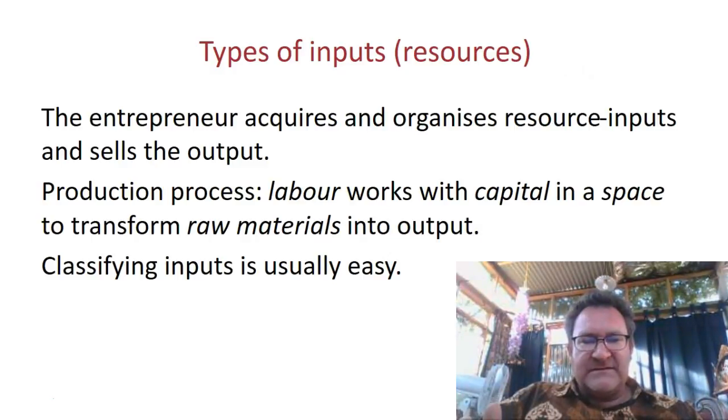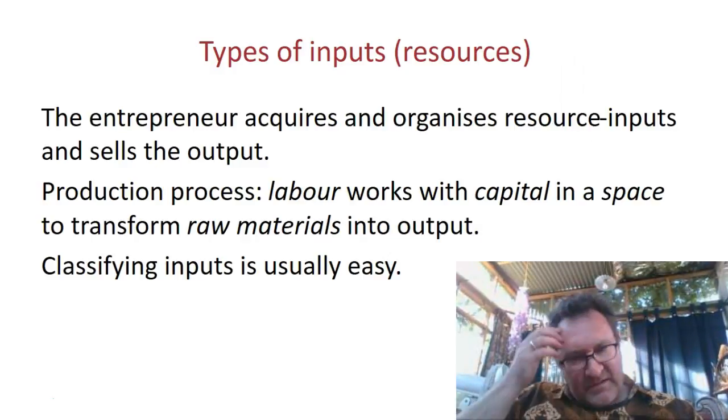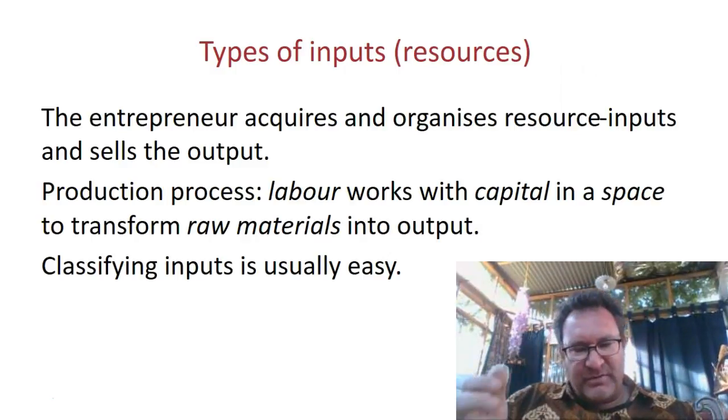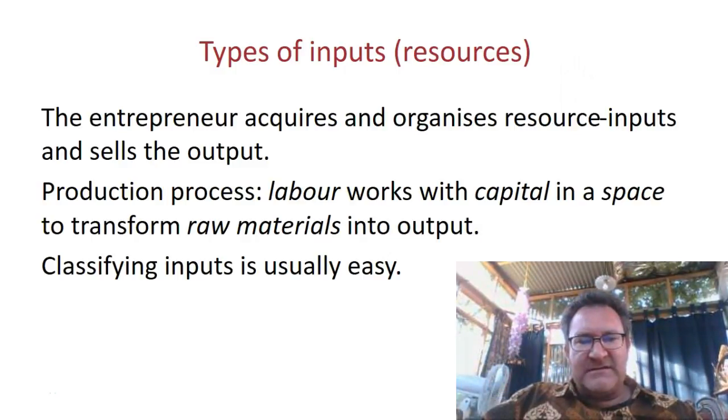So raw materials here are all of those inputs into the production process that are not workers and they're not machines that are used in the production process. So the raw materials are the things that are ultimately transformed in some way to create a new kind of thing, a new product or a new service that previously didn't exist.